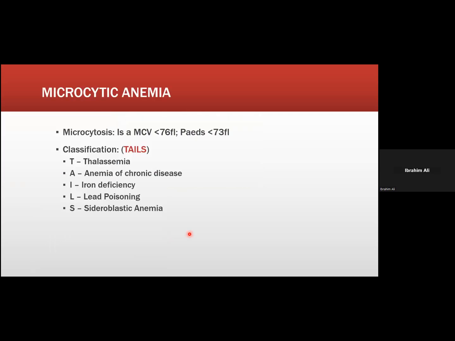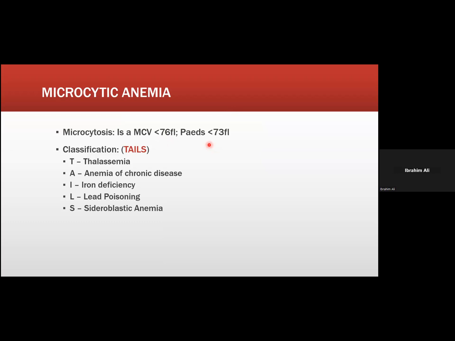Okay, so the next scope is to go through microcytic anemia. As I told you, for MCV, some books say the normal range is 80 to 100 femtoliters, but according to your notes, it is between 76 to 96 femtoliters.